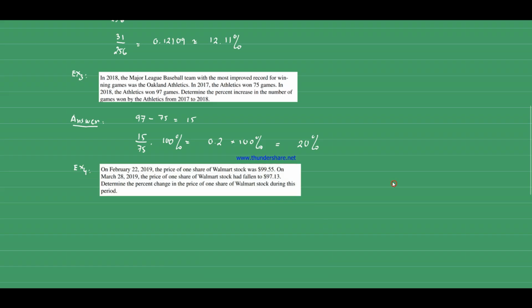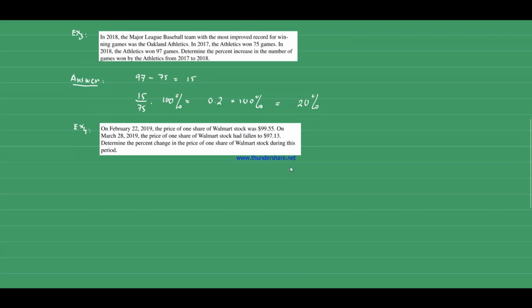Over here, this problem is a decrease, because you see that in February it was 99, but in March it goes to 97. For the percent decrease, you will see a little difference when you calculate it, because you always take the final and subtract the initial. The final is 97.13 and the initial is 99.55.